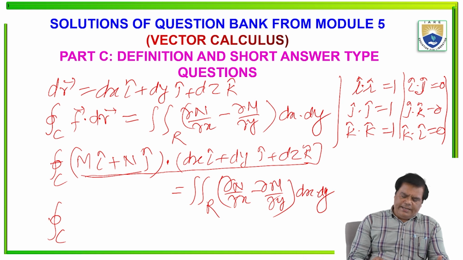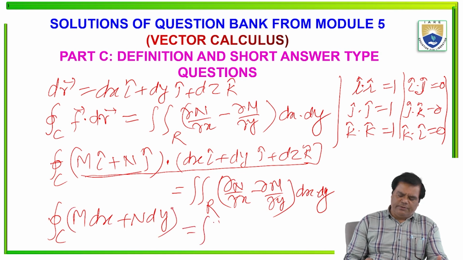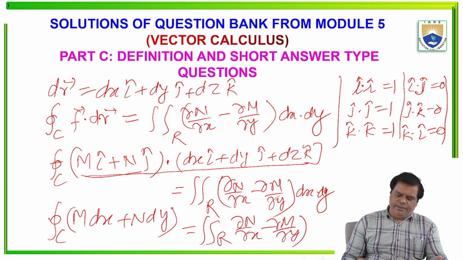So we get m dx plus n dy plus 0, since there is no k component here, so that result is 0. So this equals the double integration over R of dou n over dou x minus dou m over dou y, dx dy.